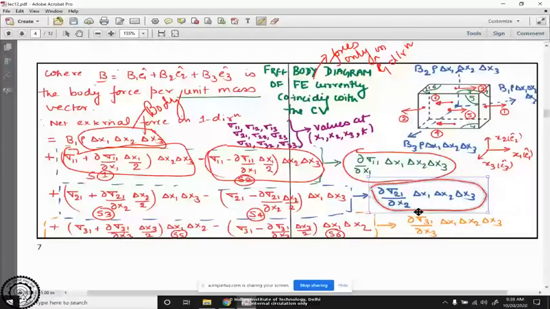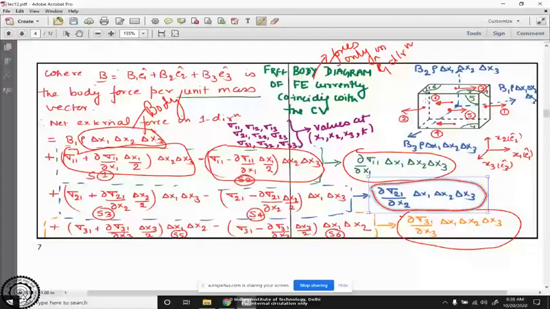And similarly for 5 and 6, it is del sigma 31, the partial derivative with respect to x3, multiplied by delta x1, delta x2, delta x3. Okay, so these are the net surface forces.